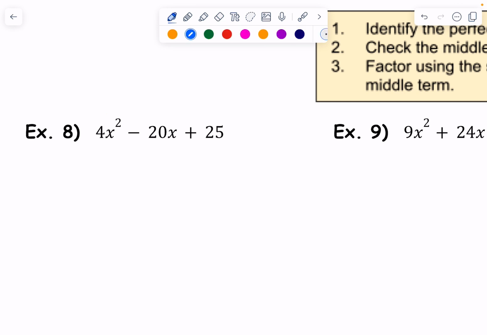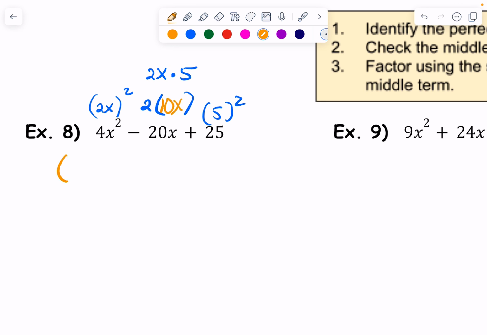So now I need to look at whether these are perfect squares. This is 2x squared, and this is 5 squared. So we do have perfect squares, but the question is, if I took my 2x times my 5, do I have 2 of those in the middle? 2x times 5 is 10x, and sure enough, I do have 2 of those in the middle.